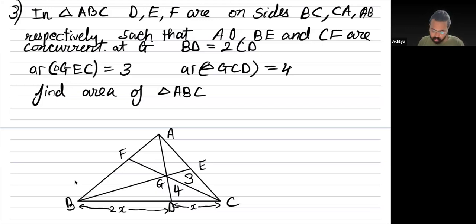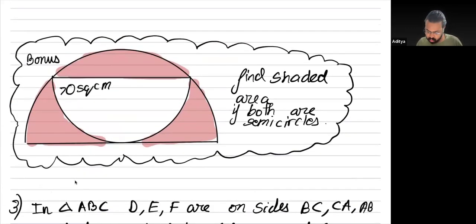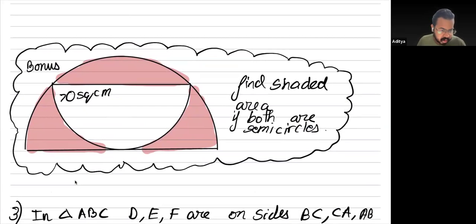Yashraj, try again. Bonus, Sumit, the shaded area you have not found correctly. Try again.